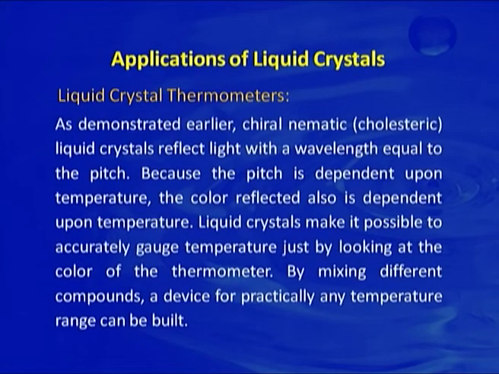As demonstrated earlier, chiral nematic or cholesteric liquid crystals reflect light with a wavelength equal to the pitch. Because the pitch is dependent upon temperature, the color reflected is also dependent upon temperature. It may be possible to accurately gauge temperature just by looking at the color of the thermometer.